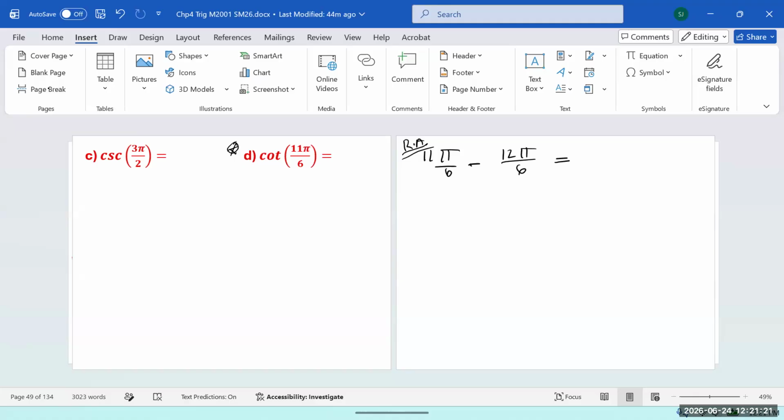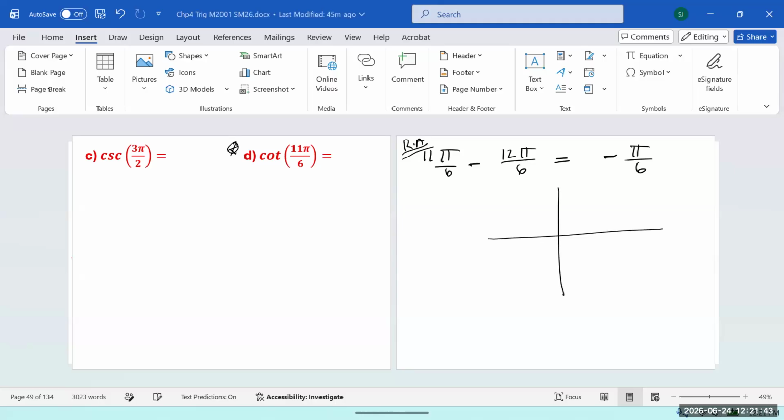So what do we get? 11 pi over 6 minus 12 pi over 6 is negative pi over 6. Now pi over 6 is how many degree? 30 degree.